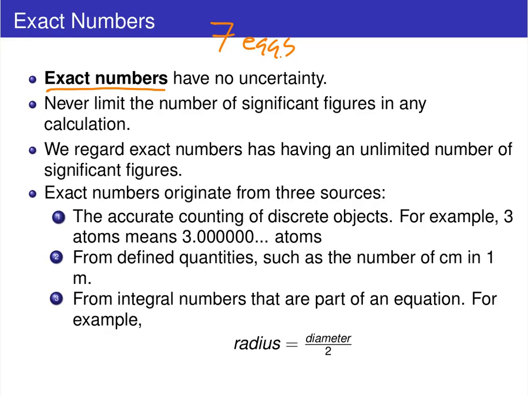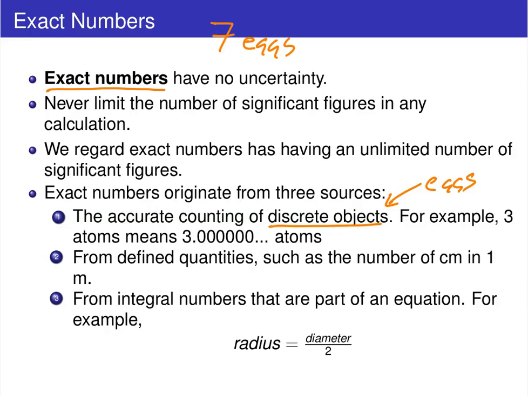Okay, and there's other conditions under which exact numbers are going to show up. So exact numbers are certainly going to come from counting discrete objects, like counting our eggs, for example, in the fridge. Okay, or if we're counting atoms or any sort of object.